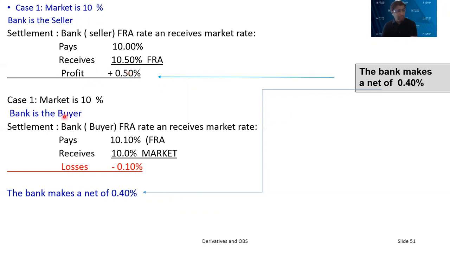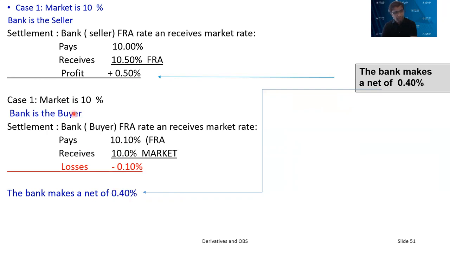Now, when the bank is a buyer, he will pay 10.10 and he will receive 10, this is the market. So he's actually making losses of 10 basis points. The difference between the 10 basis points and the 50 basis points is 40 basis points.